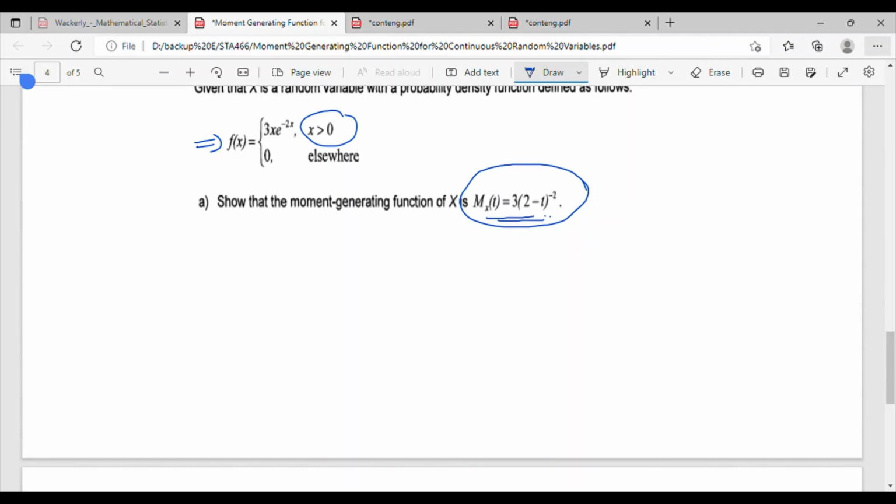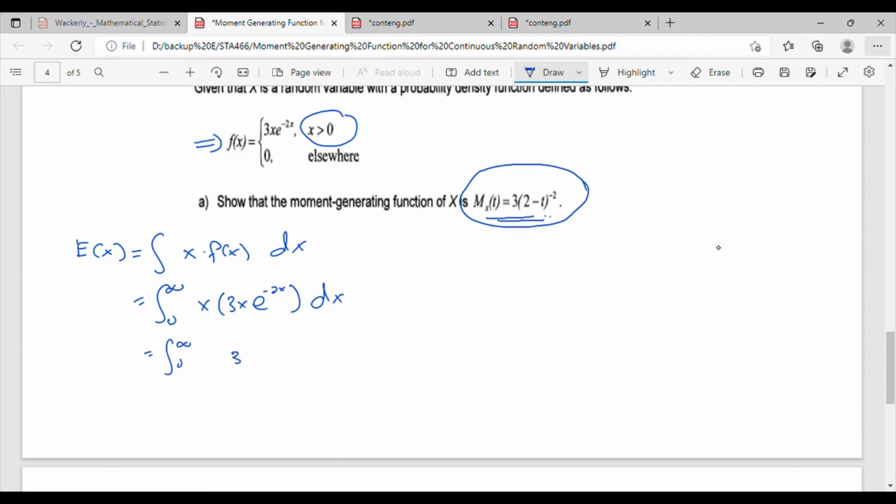Actually, to find the mean there are two ways. As before, you can use the concept of expected value of x, so we integrate x multiplied by the function with respect to dx. That means we multiply x with 3 e to the negative 2x dx from 0 to infinity. It becomes 3x squared e to the negative 2x. So what do we need to do? We need to do integration by parts, with substitution, to get the expected value of x.